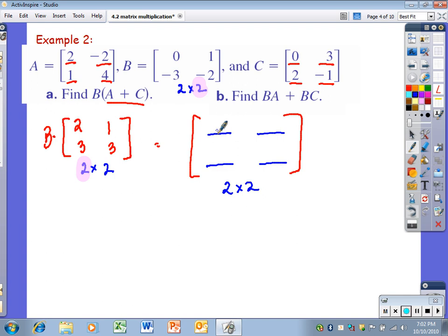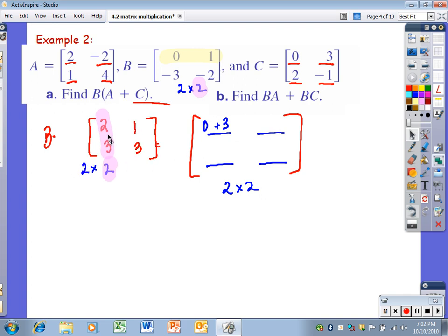Row 1 by column 1. So row 1: 0 times 2 is 0, plus 1 times 3 is 3. Next, I have row 1, column 2.